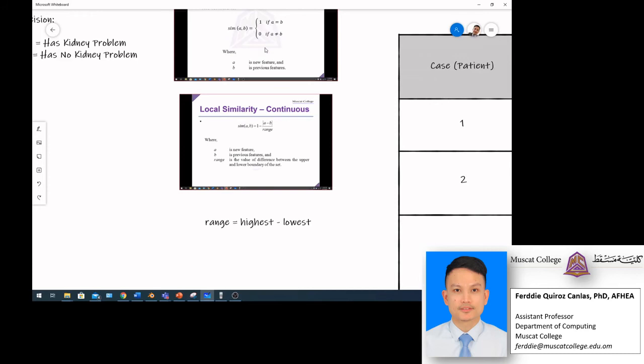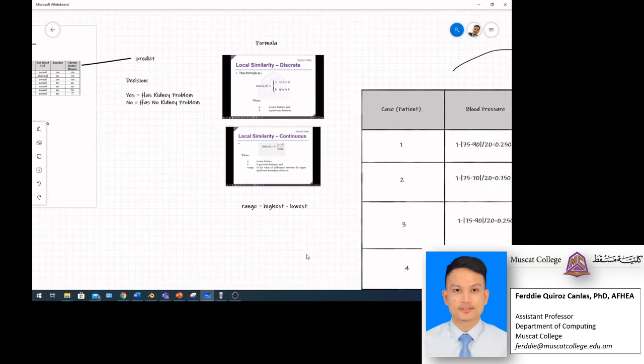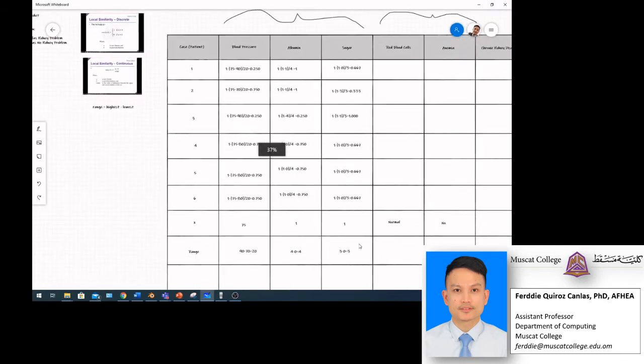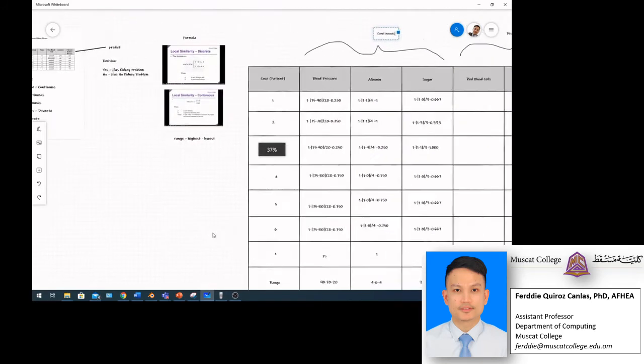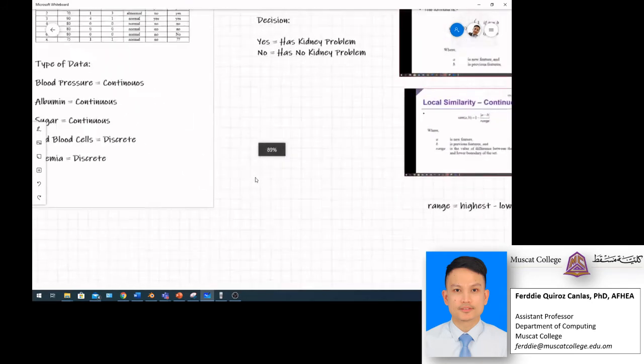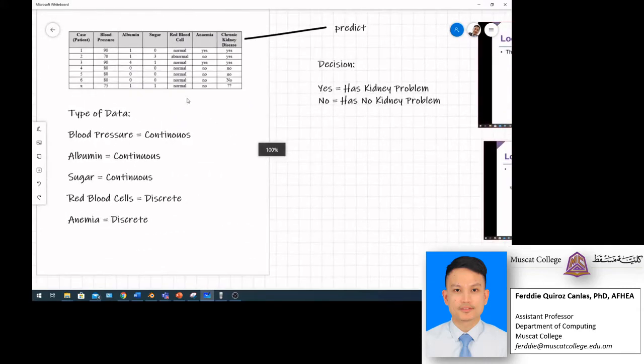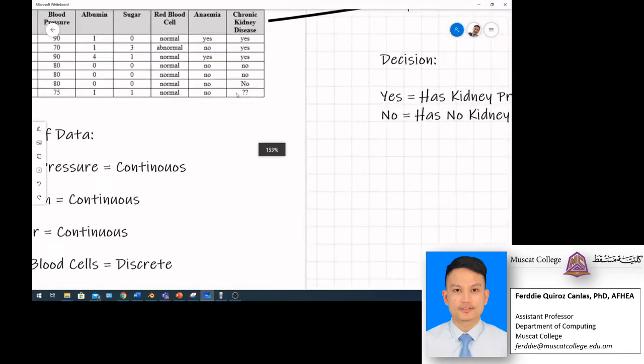If they're not the same, we put 0. So just check. Our patient is normal. Let's compare if it's the same with the values here. Normal says 1, abnormal is 0, because they're the same.